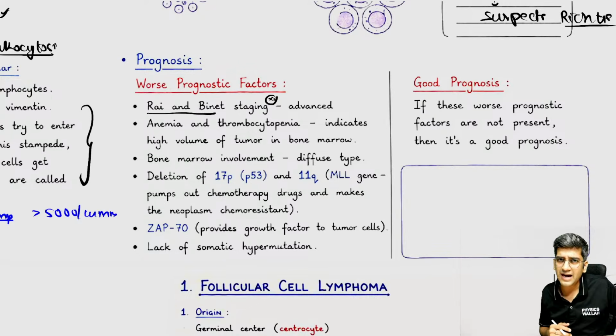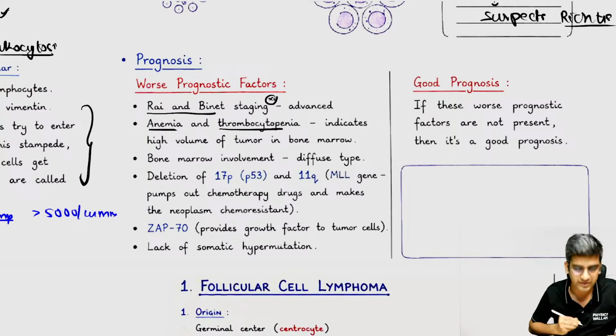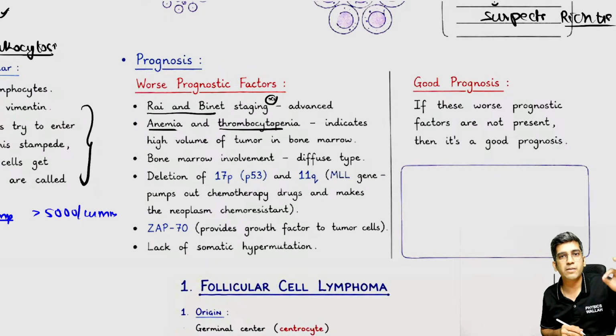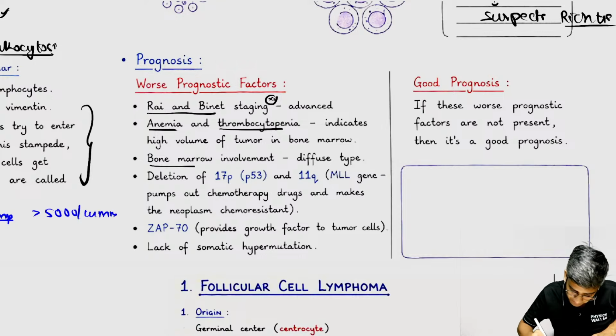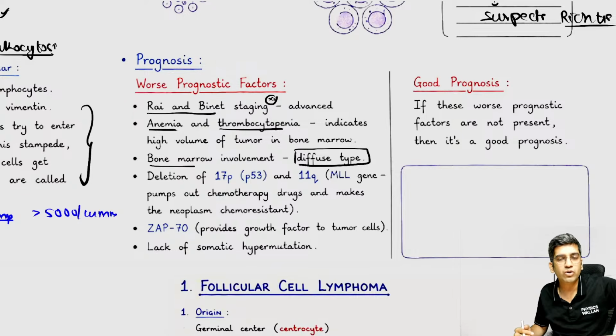Advanced stage is bad, early stage is good. It's not rocket science for us to remember. The staging is based on these two parameters. Anemia and thrombocytopenia present, which means the bone marrow is occupied by the tumor and there's no space at all for me. Bad prognosis, right? Bone marrow involvement is of diffuse type. Entire thing, when it's involved, I won't have space for the others, right?